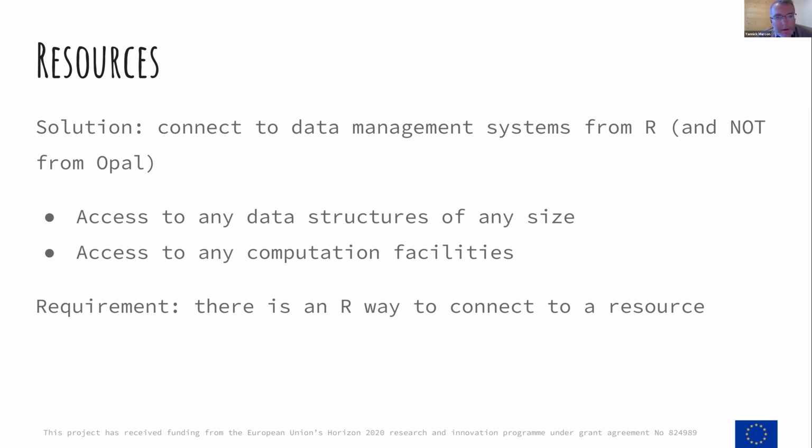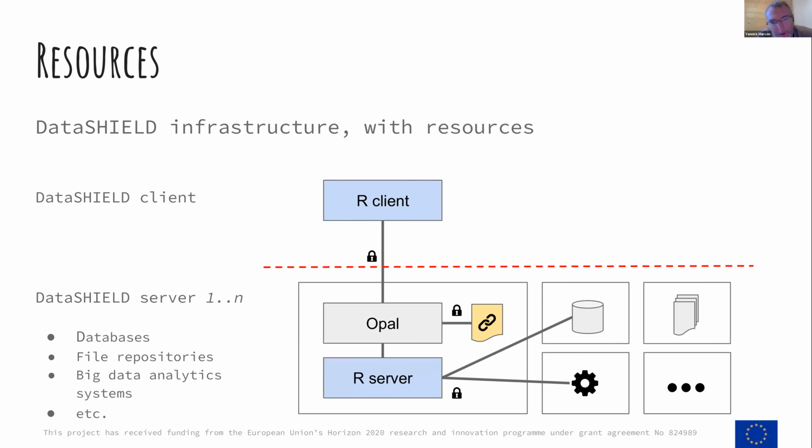So now with the resources, the DataSHIELD infrastructure looks like this. It does not replace the previous one. It's a complement. Now you can access the data through a table, but also as a resource. So what Opal has is this symbol, which is a link. Opal knows how to connect to the data.